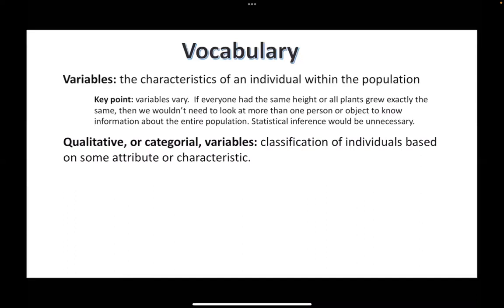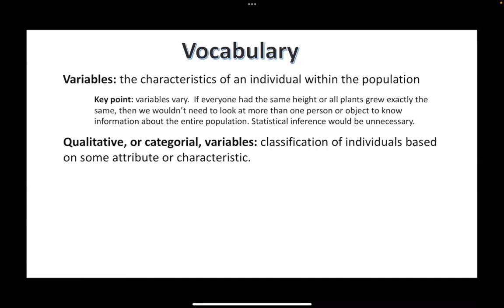Most of the time I use the word categorical rather than qualitative. I think My Open Math does both. They mean exactly the same thing. A good way to remember qualitative is that it's about qualities. So it's qualities like left-handed, right-handed, brown hair, blonde hair, things like that.